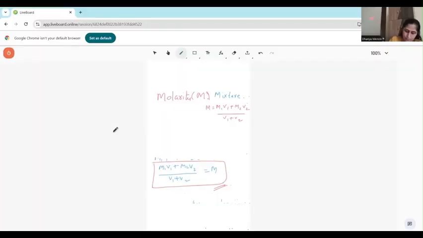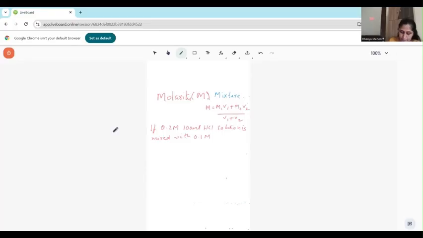If a 0.2 molar 100 ml HCl solution is mixed with a 0.1 molar 300 ml HCl solution. So clearly they are mixing it. It's a mixture, and the solute is the same.